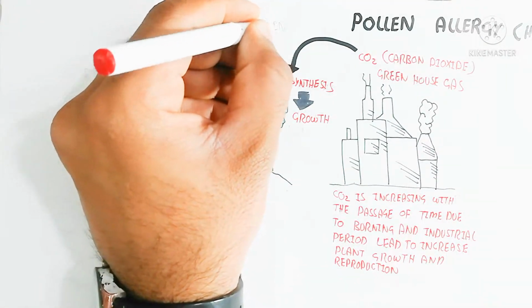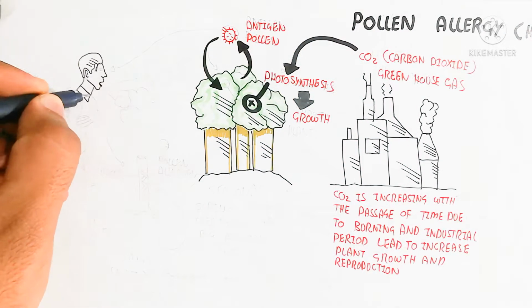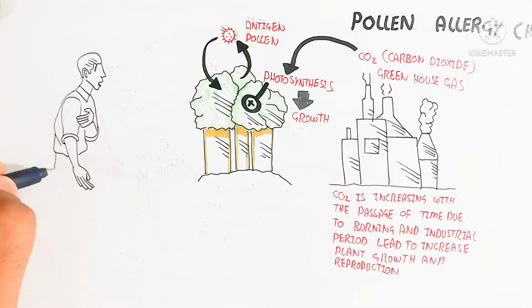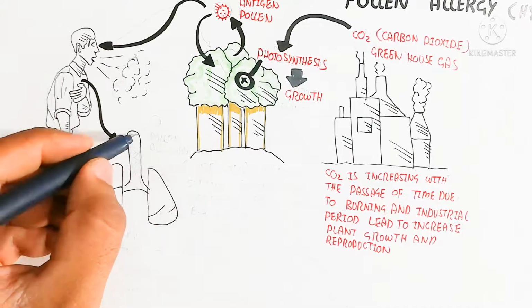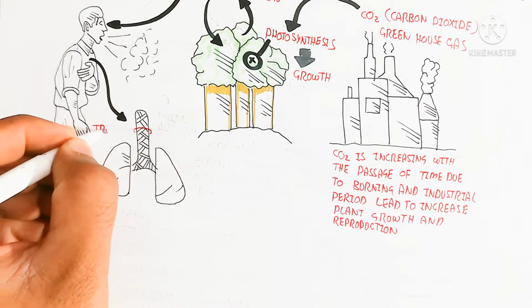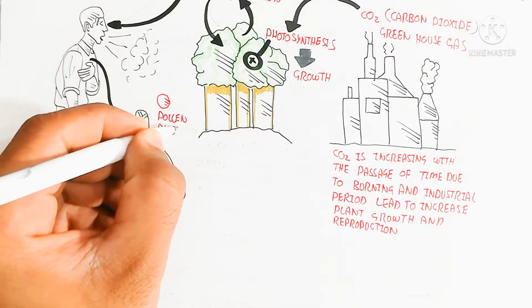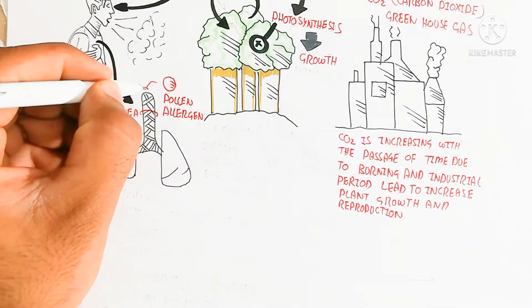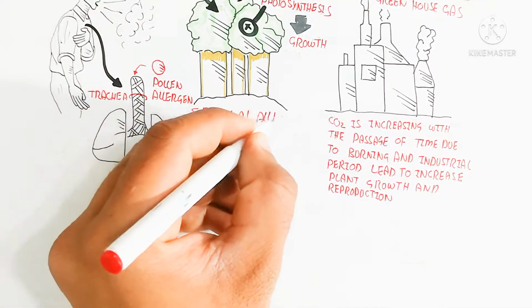So pollen grain is the antigen for our body. Remember these things. After this, the pollen grain will be inhaled during respiration and will infect the person in the lungs. So here is the trachea of the lungs, and pollen enters the lungs and moves through the respiratory tract, and this is the allergen.